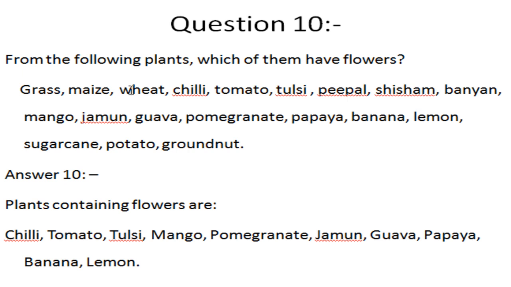Grass, maize, wheat, chili, tomato, tulsi, peepal, shisham, banyan, mango, jamun, guava, pomegranate, papaya, banana, lemon, sugarcane, potato, groundnut. So the answer to this question is, plants containing flowers are chili, tomato, tulsi, mango, pomegranate, jamun, guava, papaya, banana and lemon. These would be having the flowers.